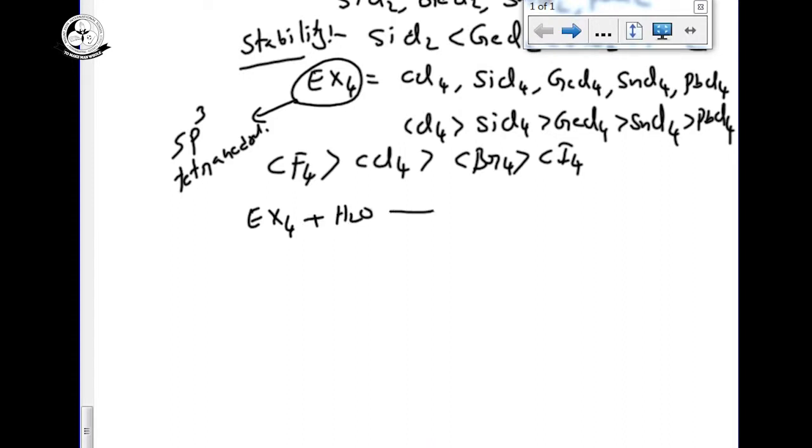Especially CCl4, carbon tetrachloride, does not hydrolyze, because the central atom carbon does not have a lone pair of electrons.